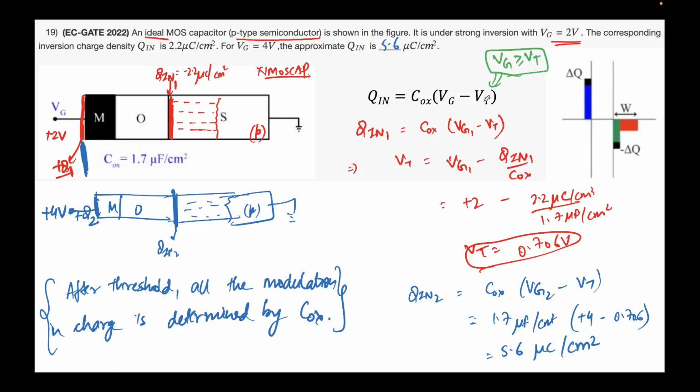Okay, not in a quadratic, not in square root. It's a linear relation between the gate voltage, the control that we have, and the charge that we are seeing at the interface. And obviously, if we have some other mechanism to use this charge to drive a current, that's for a MOSFET. For now, our understanding is that it's a linear relation.